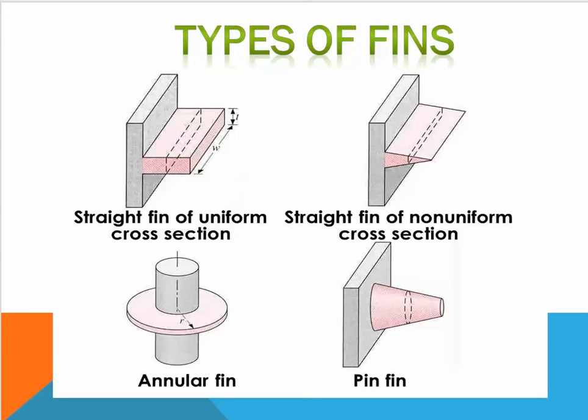Second, we have a straight fin of non-uniform cross-section area, in which the fin shape changes or varies with distance. Third, we have an annular fin, in which a cylindrical rod has a plate surface extended by some radius. Then we have a pin fin. A pin fin is a kind of small spike-type fin.